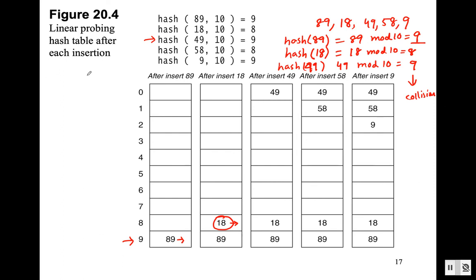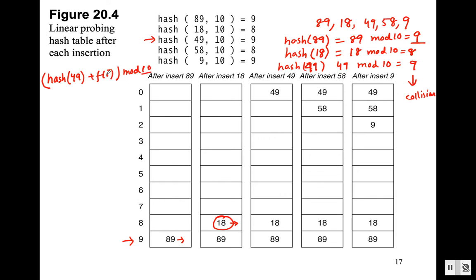So now we are going to use the hash function: hash of 49 plus f of i, mod 10. 10 is the table size.